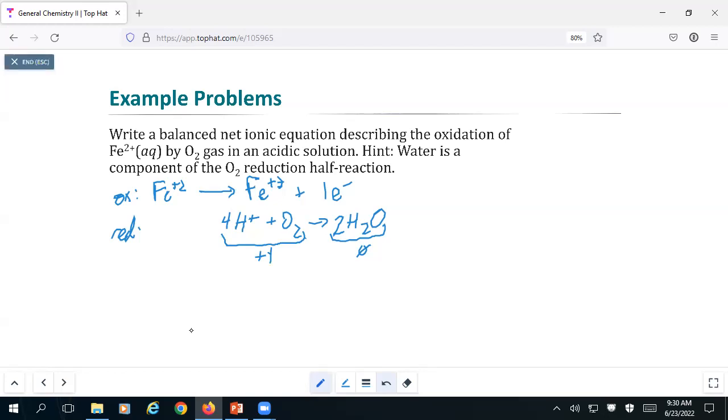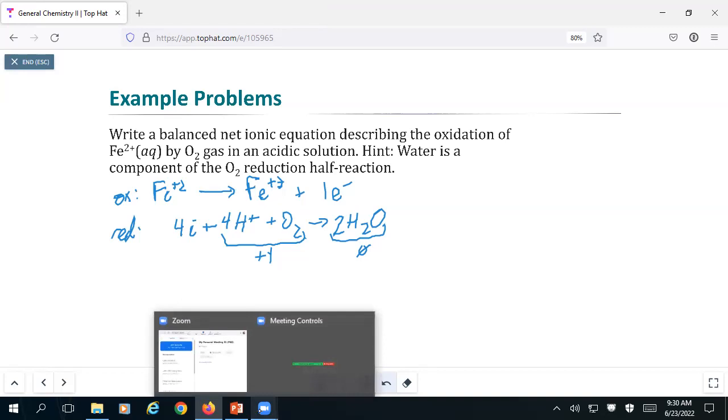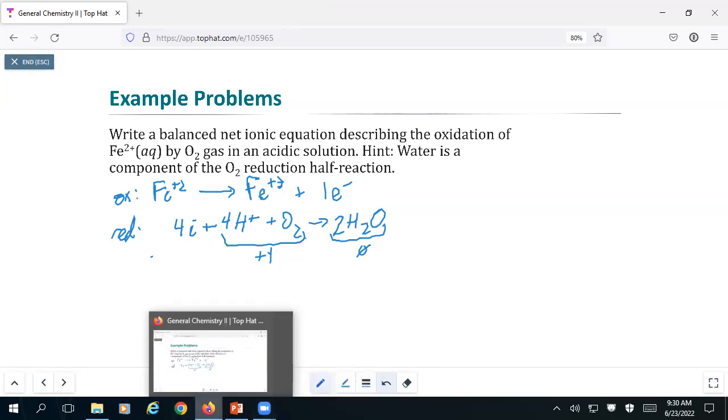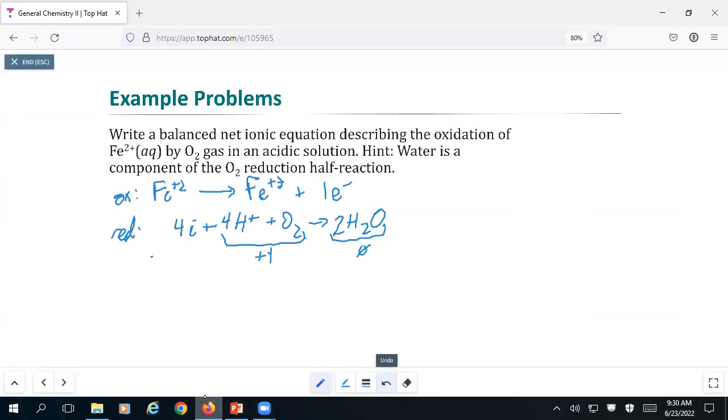So I would need 4 electrons to balance that out. And yeah, that fits in with the narrative. The narrative is I've got a reduction taking place. Adding electrons to the reactants would be a reduction. So I've got my 2 balanced half reactions now.